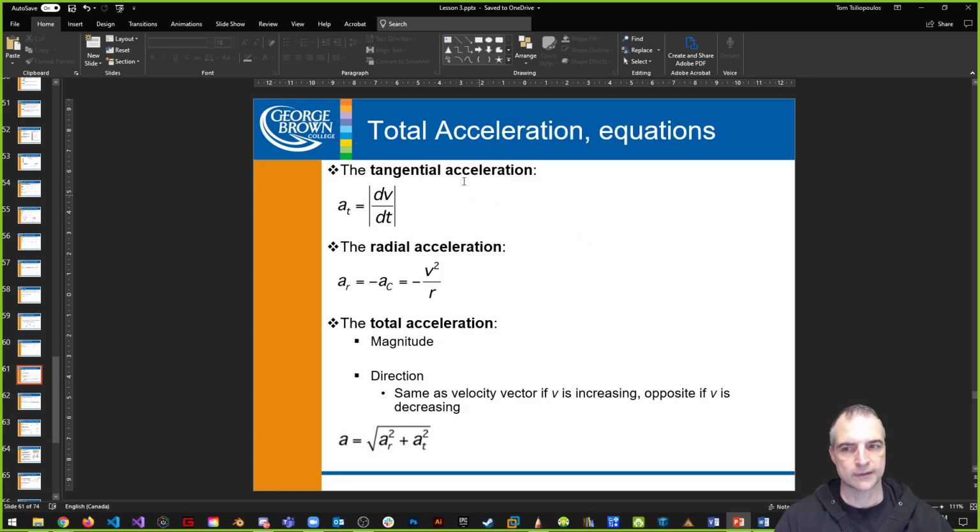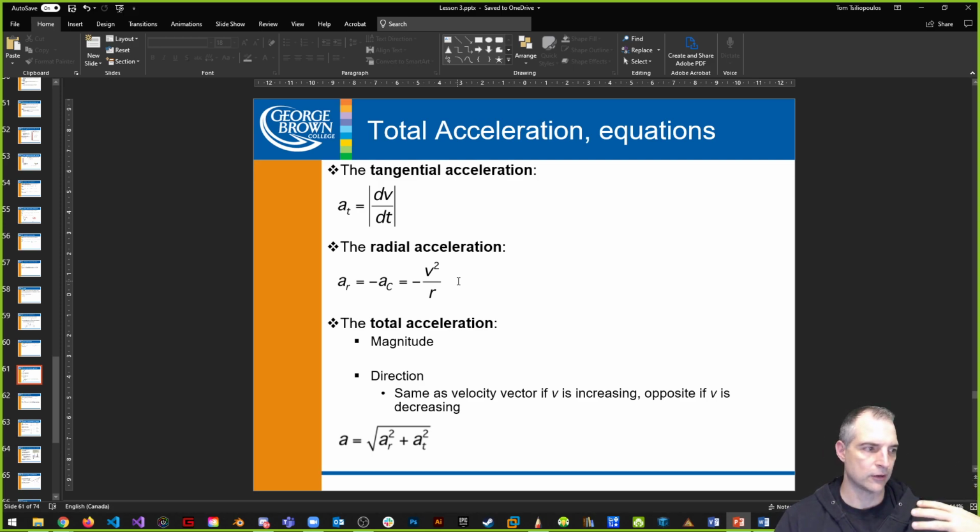We can define tangential acceleration as the absolute value of the change in speed over the change in time. And radial acceleration is equal to negative centripetal acceleration. It's the opposite, so radial acceleration is heading away from the center.